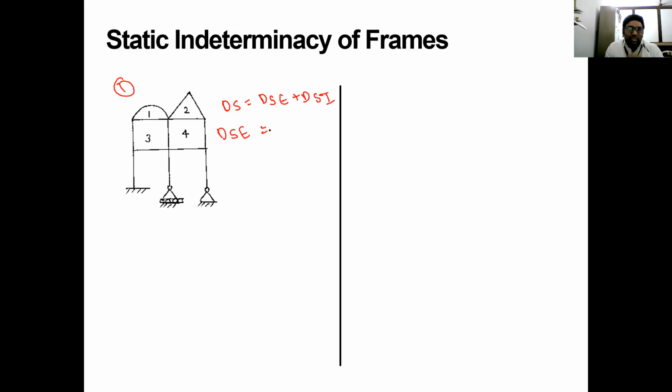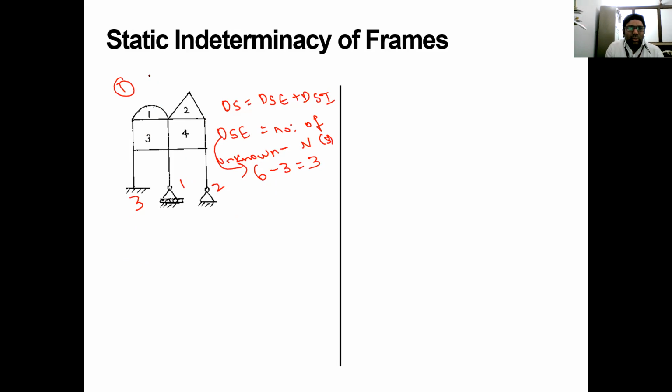DSE is equal to number of unknown reactions minus N. N is always 3. So number of unknown reactions here 3, here 1, here 2. Total 6 minus 3, that is equal to 3. So DSE is equal to 3.